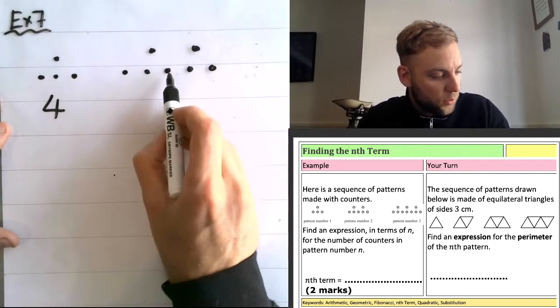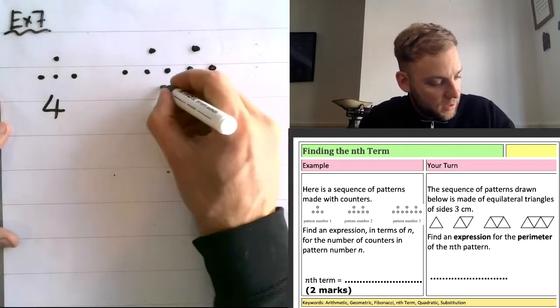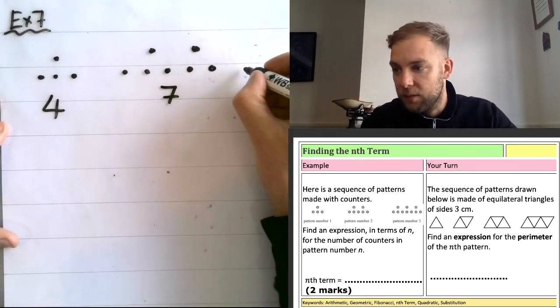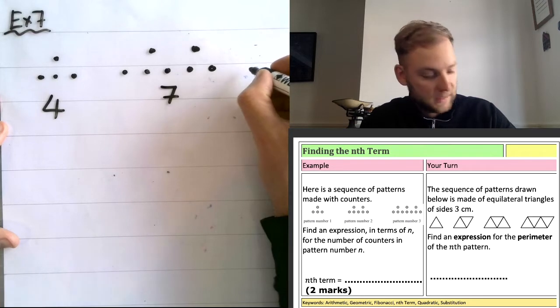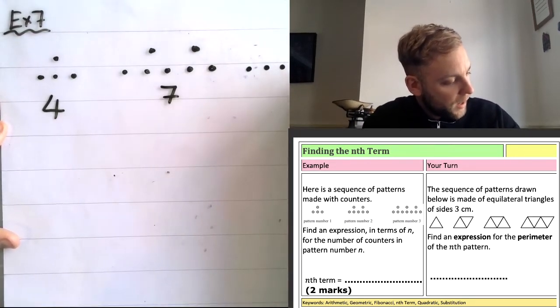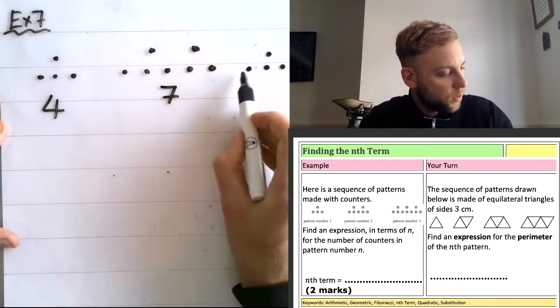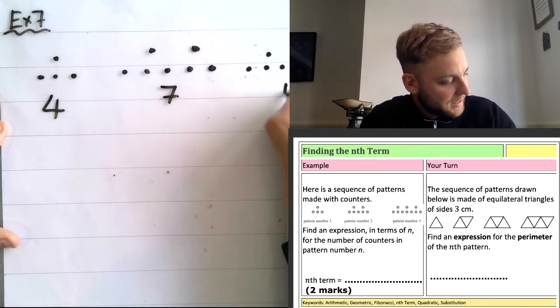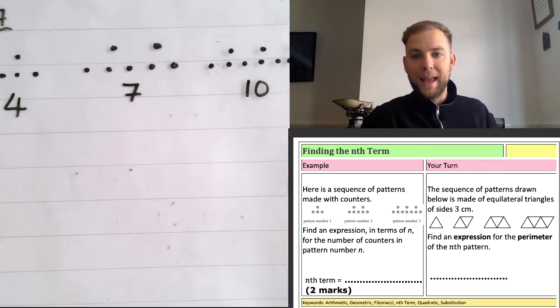So it's 1, 2, 3, 4, 5, 6, 7. So that's 7. And then the next one is 1, 2, 3, 4, 5, 6, 7, and 1 there, 1 there, and 1 there. So it's 1, 2, 3, 4, 5, 6, 7, 8, 9, 10. So there's 10 there.